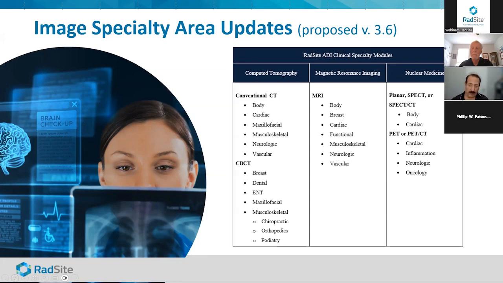And similarly for MRI, and for SPECT and PET and cone beam CT. Because of a variety of reasons, particularly due to some special requirements for interpretation skills and requirements for the systems themselves, there are additional requirements for doing certain types of subspecialty studies.